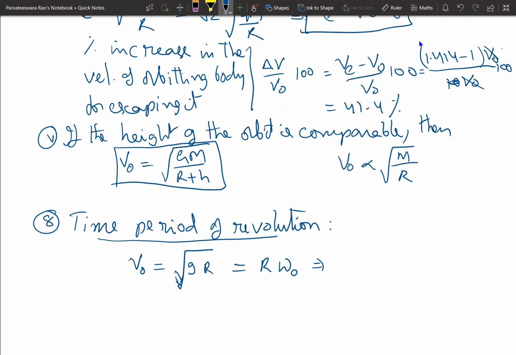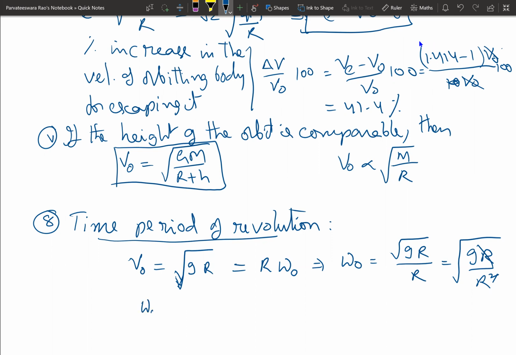So from this we get omega naught is equal to root gR by r. Let us take this r also into the square root, so root gR by r squared.